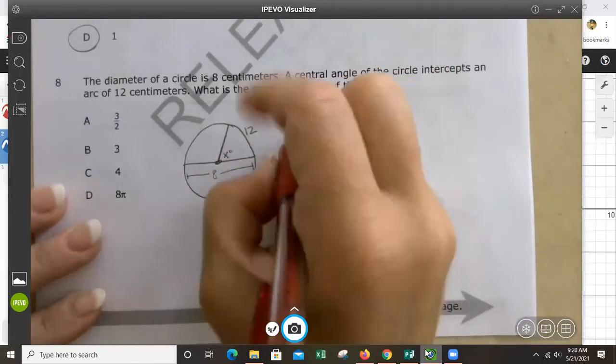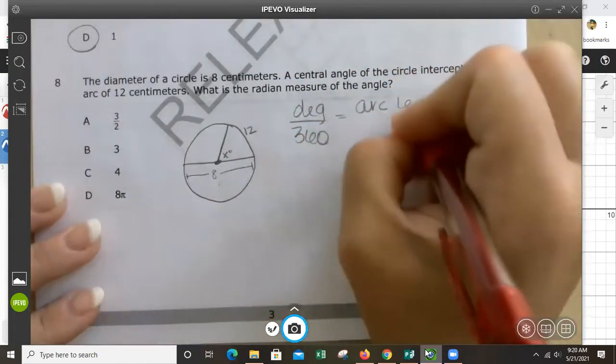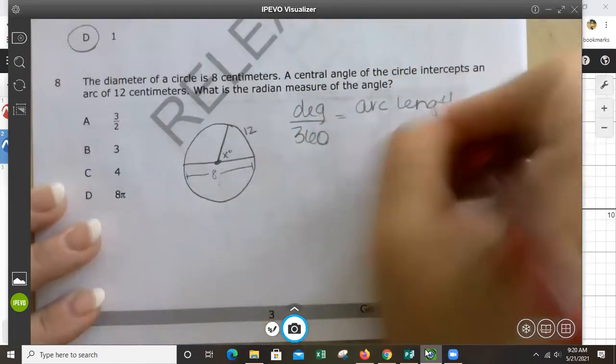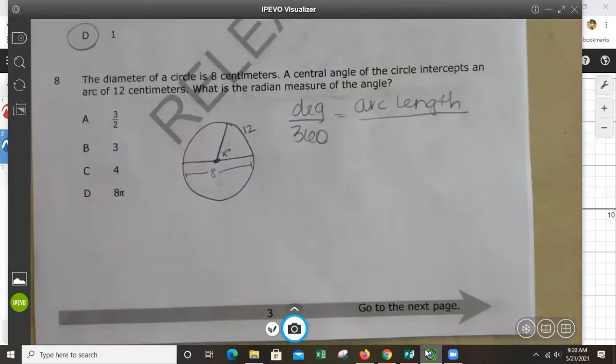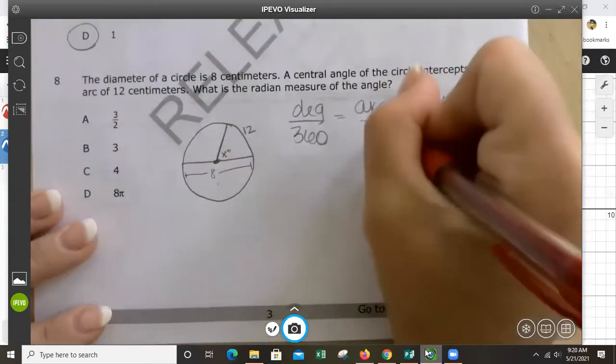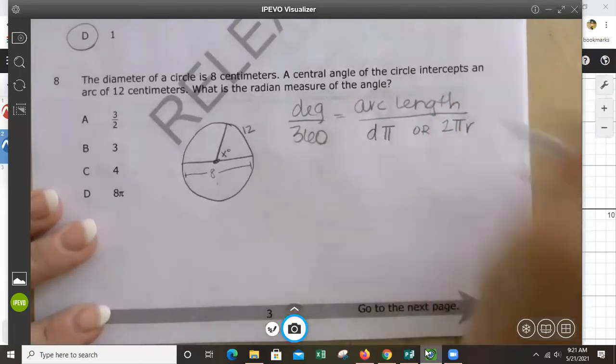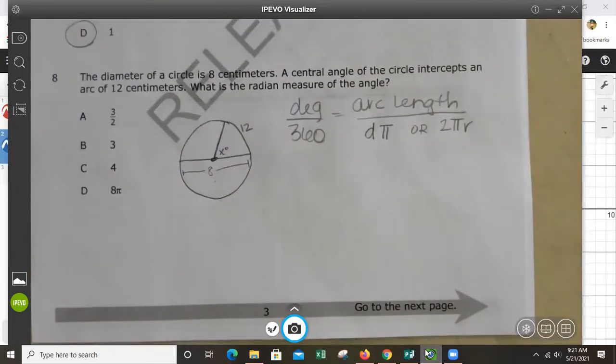Remember, both your formulas start like that. Equals your arc length. And then the bottom is the one that changes. So we want the arc, which means part of the outside. The outside could either be diameter pi, or I told you 2 pi r. It doesn't matter which formula you use, they're both the same.